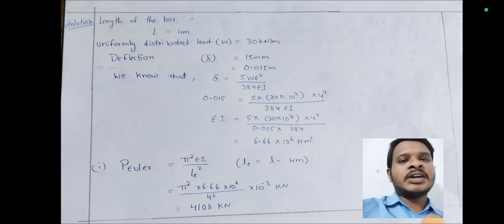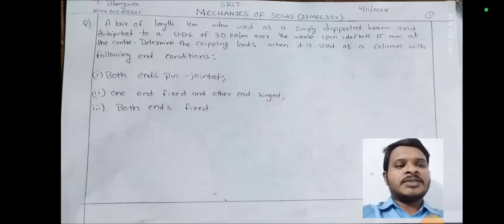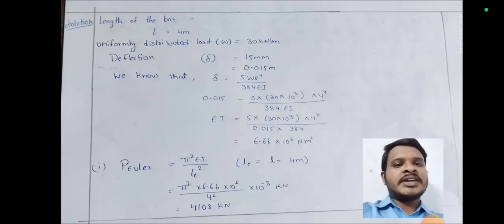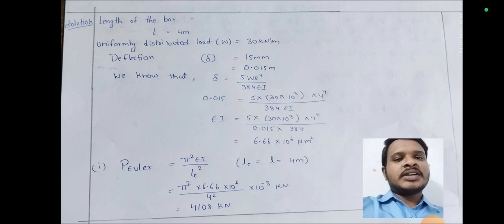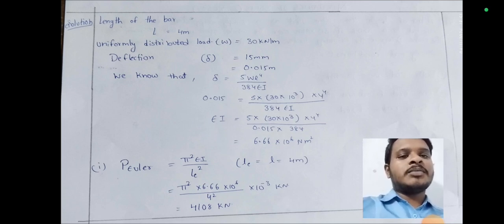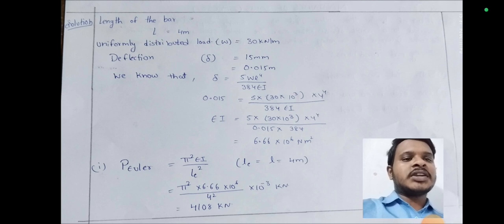So, coming to the solution: above, on the previous slide, we saw the question. In this slide we show the solution. Given that the length of the bar is 4 meters, the uniform distributed load is 30 kilonewton per meter, and the deflection is 15 mm.